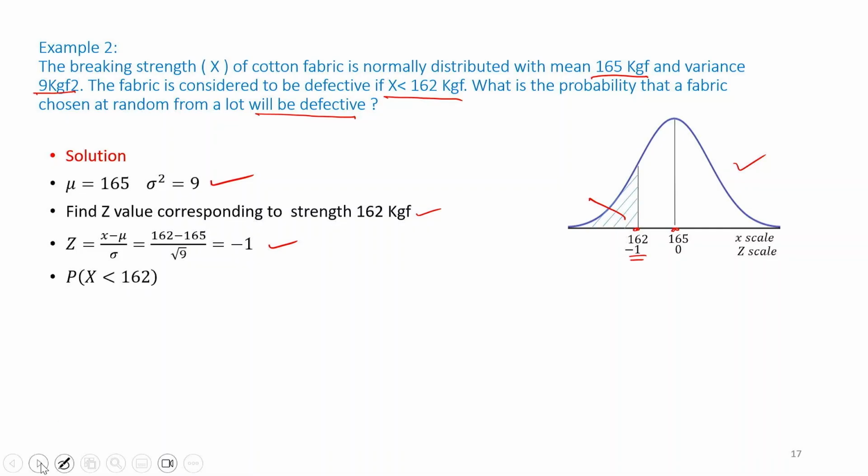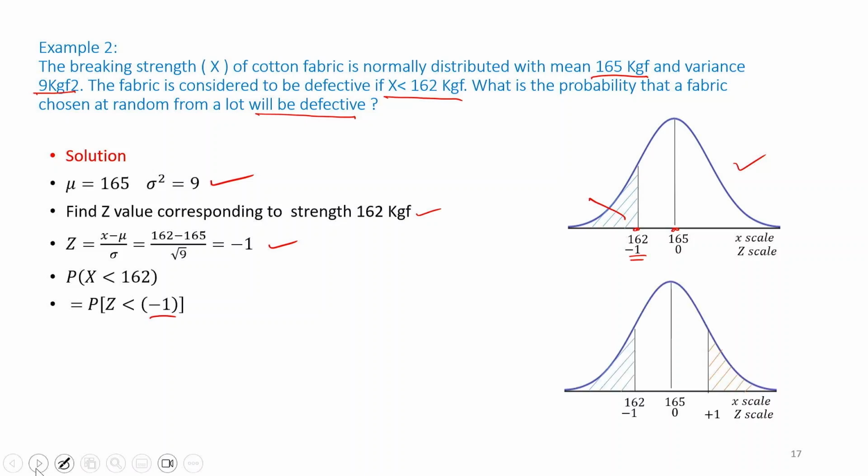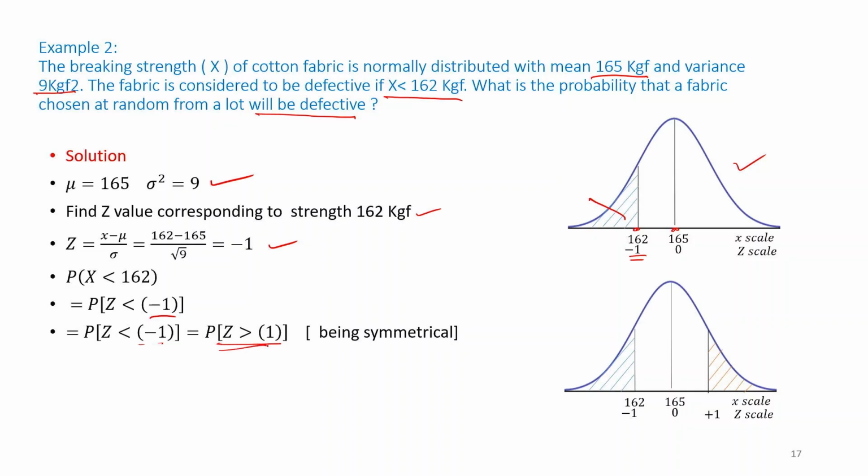P(X less than 162) automatically means P(Z less than -1), and we need to find from the scale what its value is. P(Z less than -1) is also equal to P(Z greater than +1), because the standard normal distribution curve is symmetric.